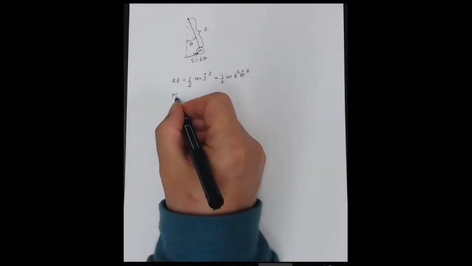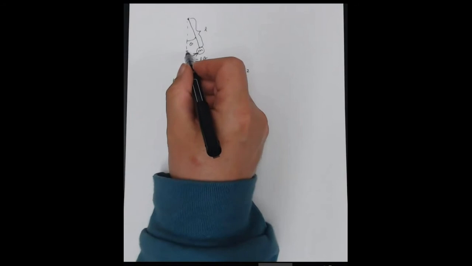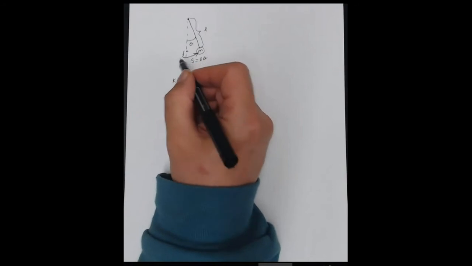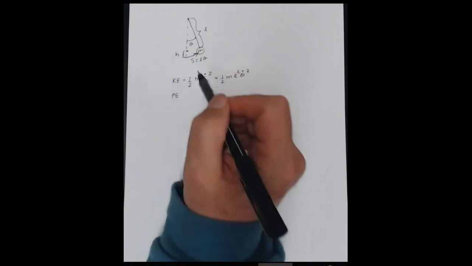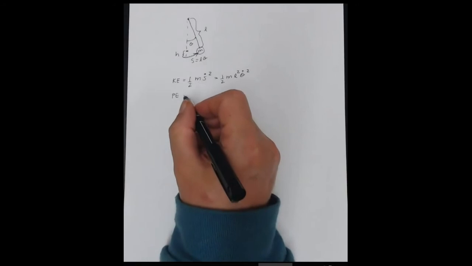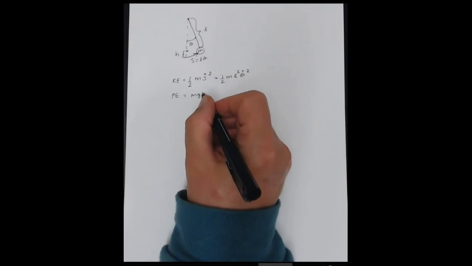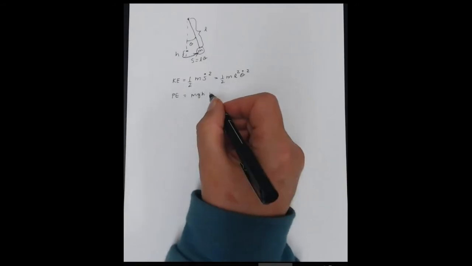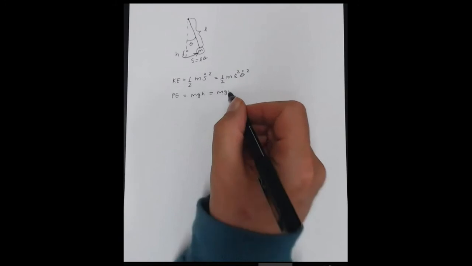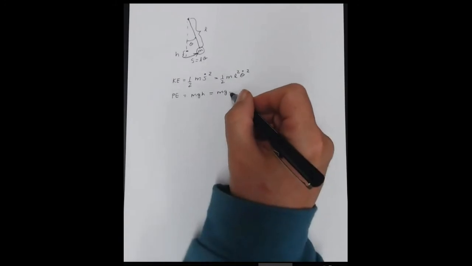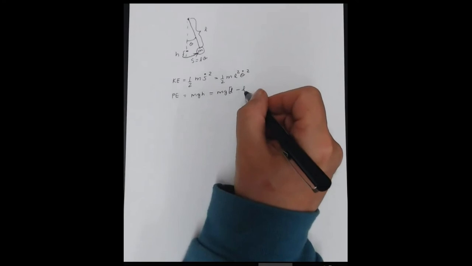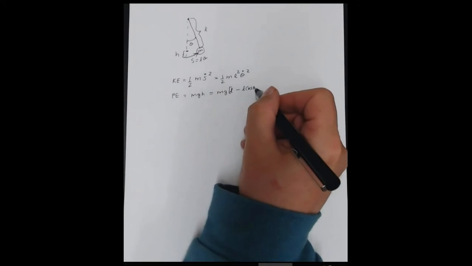Potential energy, it's up a certain height, this distance here. I'll call it h. So mgh is this potential energy, and that's mg L minus L cosine theta.